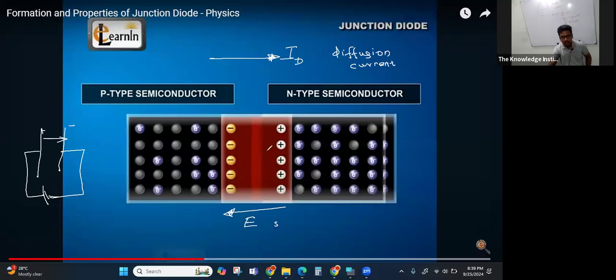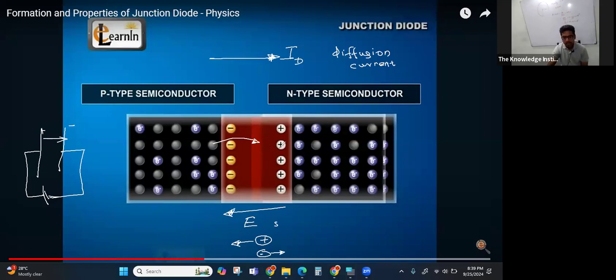Due to this electric field, we know that a positive charge will experience a force in the direction of the field, and negative charges will experience a force in the opposite direction to the electric field, right? Let's say due to the concentration gradient, a hole diffuses in this direction.